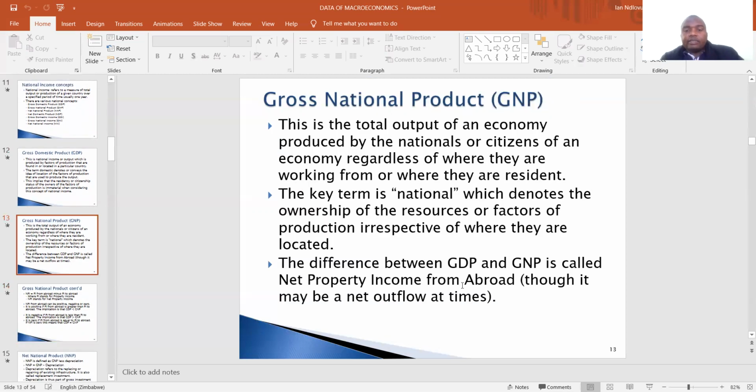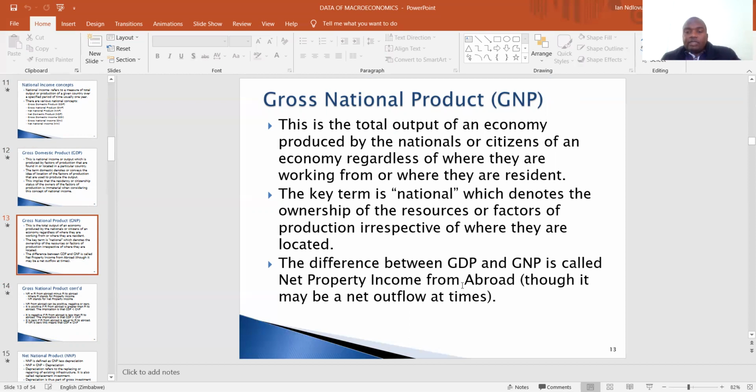So when we add to GDP net property income from abroad, we get GNP. In other words, when we subtract net property income from abroad from GNP, we get GDP.